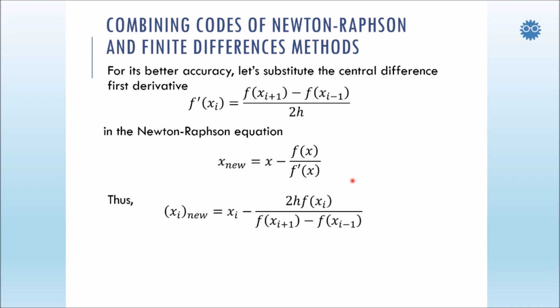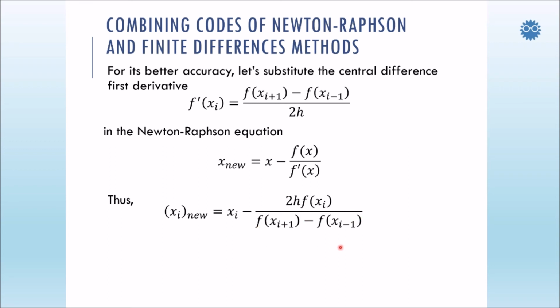So the result will be this formula. xi new will be xi, because we should unify the notation for all values of x, and then we'll see that f of xi plus 1 minus f of xi minus 1 will be the difference of x's over 2h. So this is the formula of the central differences.